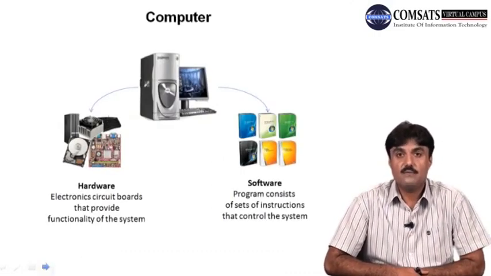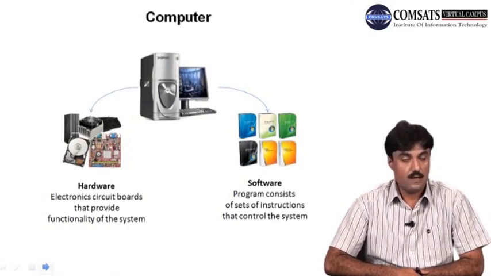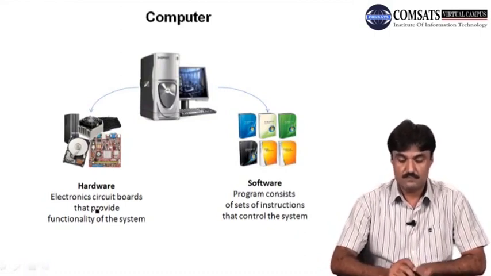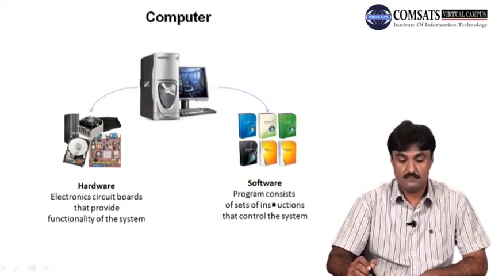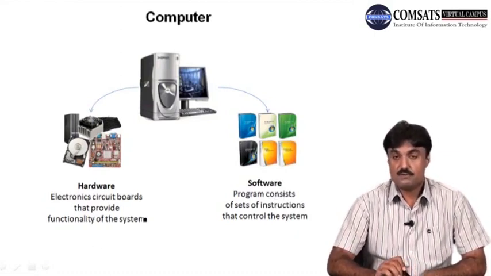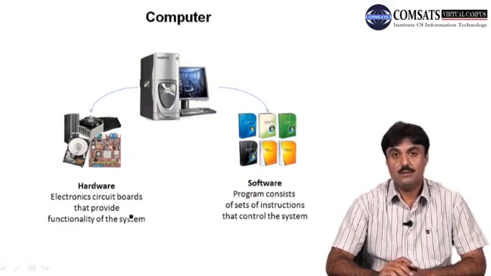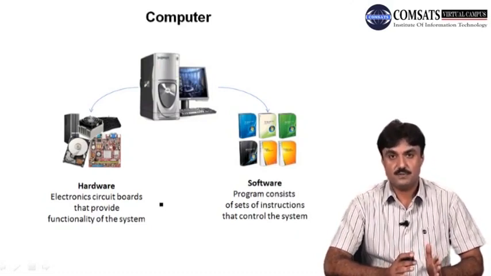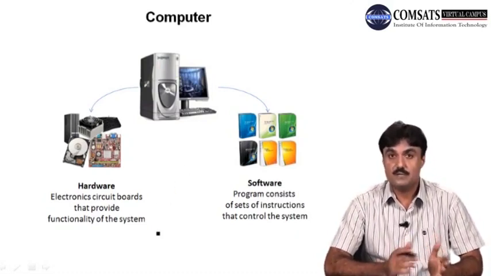Now, we have seen computers in everyday life. We use computers. There are two main parts. First one is the hardware, second one is the software. What is hardware? Hardware is electronic circuit boards that provide the functionality of the computer. So all these electronic components inside the computer form this whole machine.